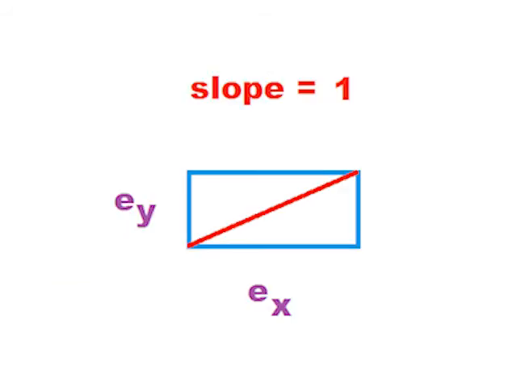Let's look at an example. We start with a basis with an arbitrary ey and an arbitrary ex, and the red path is simple, following dy over dx equals 1. Notice that ey and ex don't have the same distance here to emphasize their arbitrary nature.